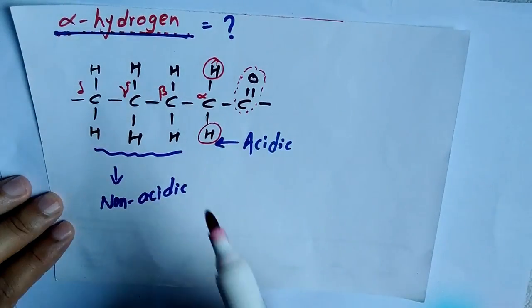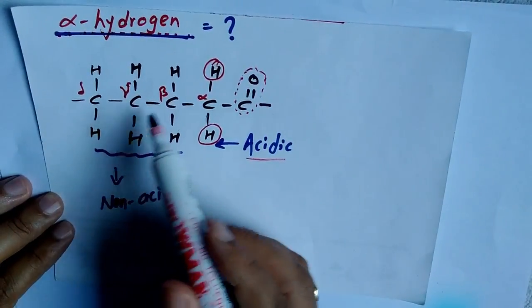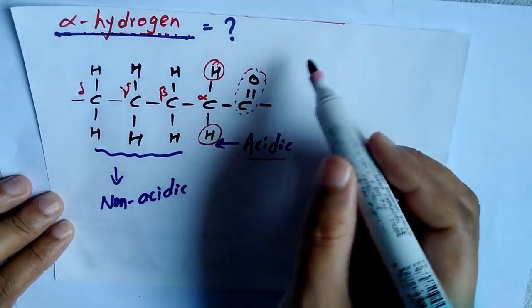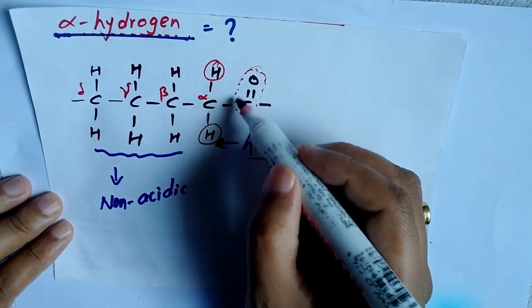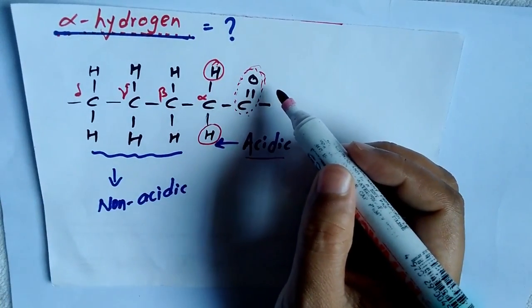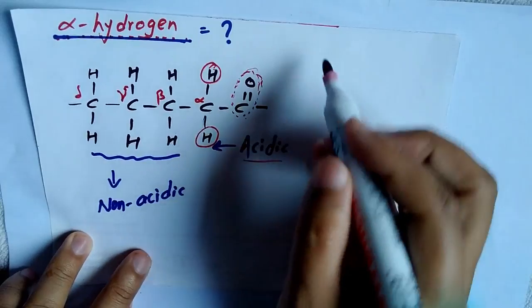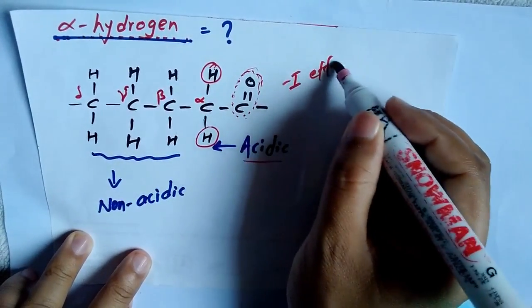Alpha carbon is the carbon which is bonded with the functional group. This alpha hydrogen is acidic, but the other hydrogens are non-acidic, because the carbonyl group in aldehyde or ketone is an electron withdrawing group and shows a minus I effect.